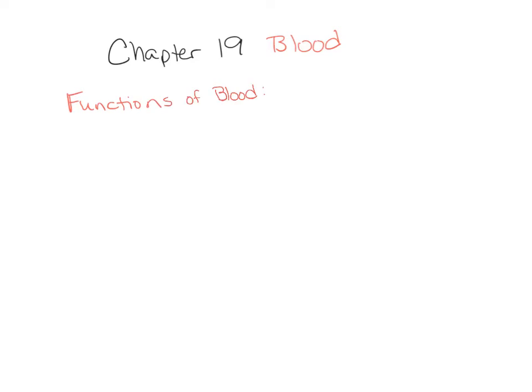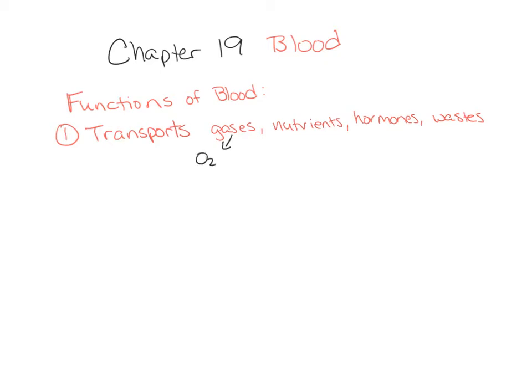First, it transports things like dissolved gases, nutrients, hormones, and metabolic wastes. For example, oxygen is transported in the blood from the lungs where you breathed it in to the tissues, and carbon dioxide is transported from the tissues where it's produced to the lungs so you can breathe it out.